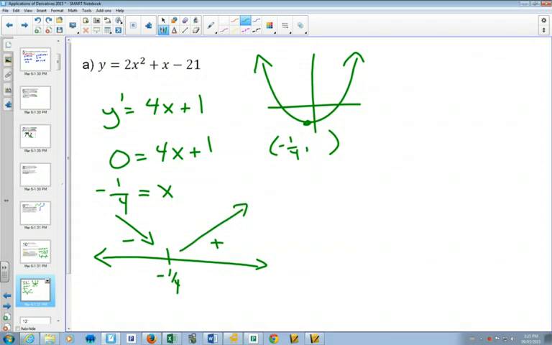So the way that we'll be able to graph our function is we'll start with our minimum value, which is at negative 1/4. Has someone figured out the y value? Sorry? Minus 169 over 8? You think so? Okay.